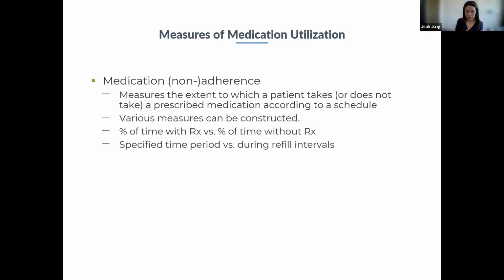Some measures focus on the percent of time the patient had prescriptions, or the percent of time the patient did not have prescriptions. The measures can also be defined differently based on what time interval you are using. You may specify a specific time period, or you may simply look at repeated intervals.